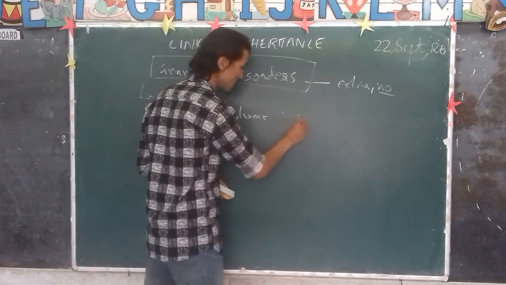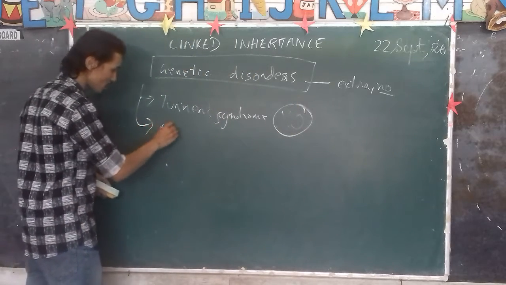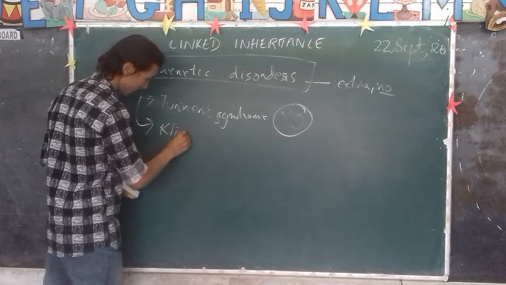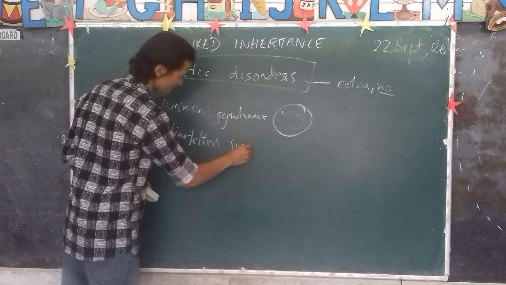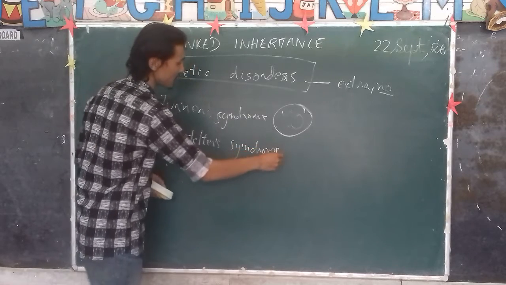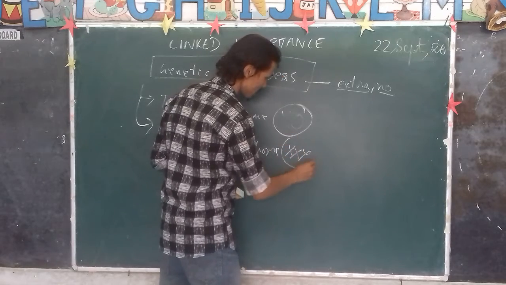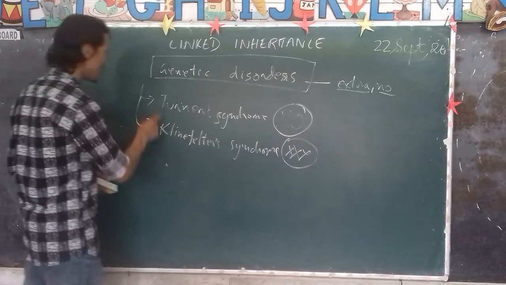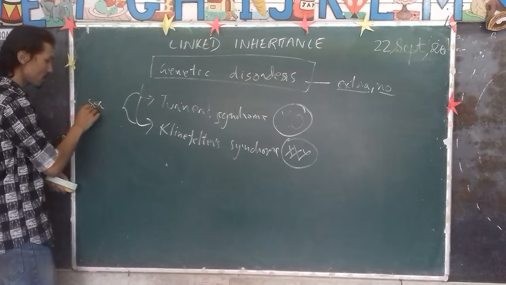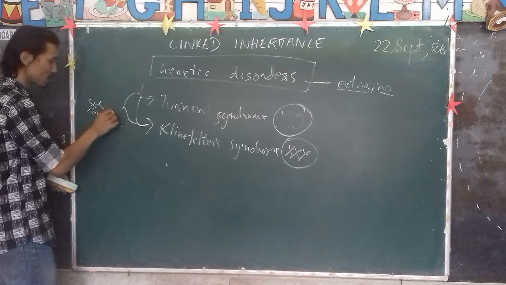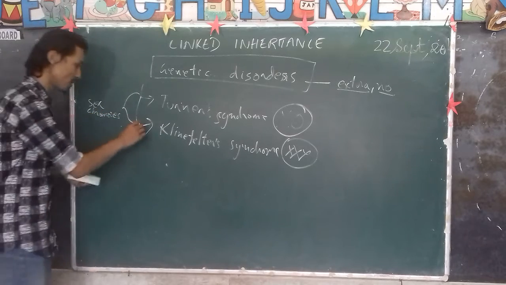That means the individual only has one X chromosome. Another condition I already told you is Klinefelter's syndrome. In this case, the individual has an extra X chromosome. Both Turner syndrome and Klinefelter syndrome are due to sex chromosomes. In one condition there is an extra chromosome, in one condition there is a missing chromosome.